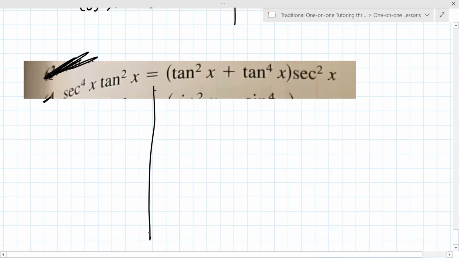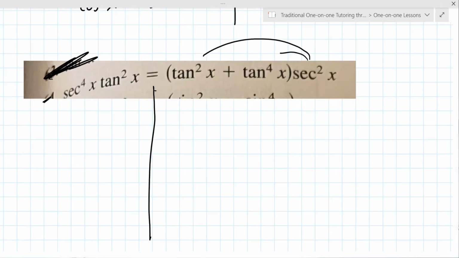You could do a lot of things. You could distribute. That's one option. You could write anything in terms of sine and cosine. Sometimes a mixture is good, like secant squared is 1 over cosine squared, but tangent is sine over cosine, so I'm not sure that's great.